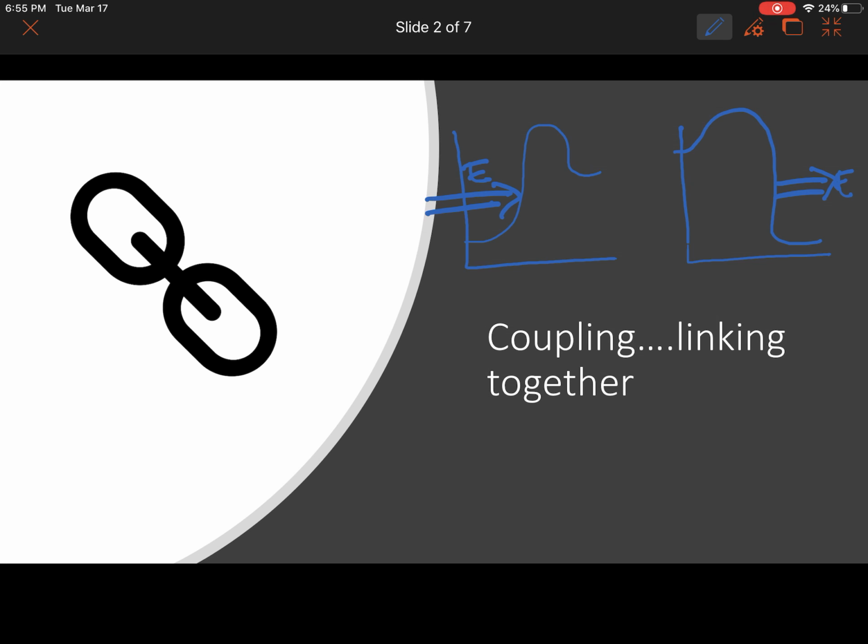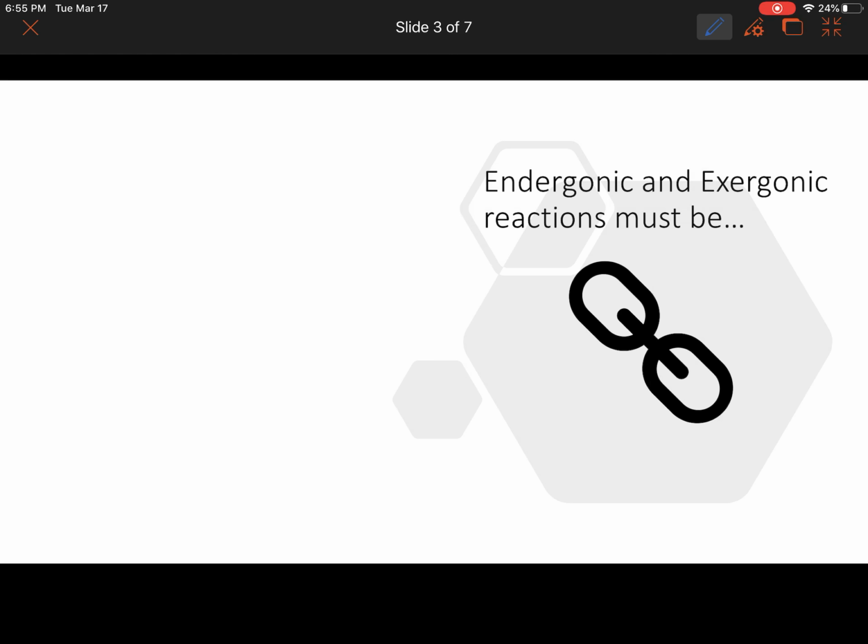In other words, you cannot have an endergonic reaction without linking it to an exergonic reaction. The exergonic reaction is going to provide the energy that is necessary for the endergonic reaction to happen. So, endergonic and exergonic reactions must be coupled. They must be linked together.